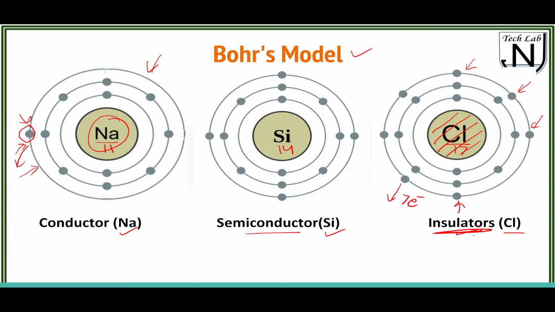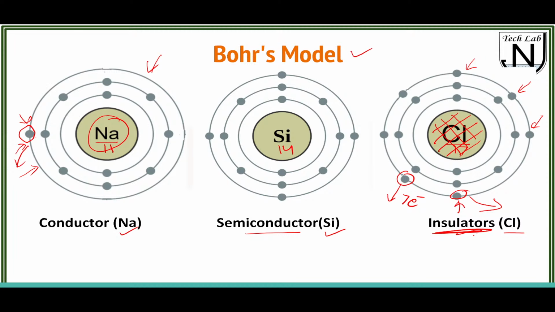Means that the energy that is coming through the current is not capable of detaching these outermost electrons from the atom, right? Since these 7 electrons are tightly bound to the nucleus, right?